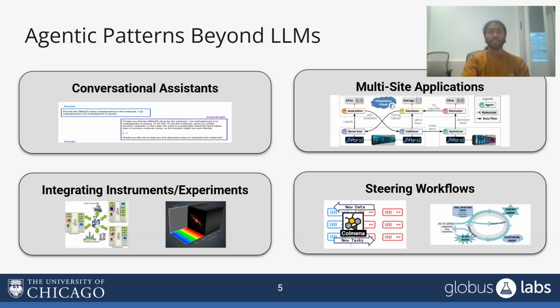So all of these applications can be thought of in an agentic manner that goes beyond LLMs. Agents are really a way of building these workflows, and it's more than just querying an OpenAI API.